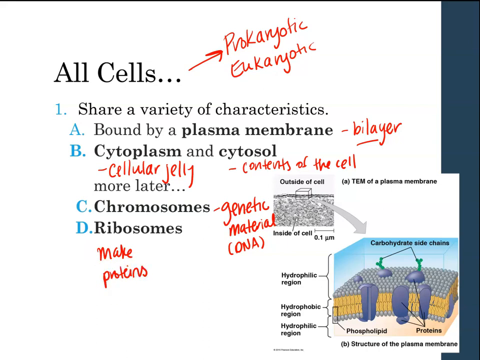So whether you are prokaryote or eukaryote, you have genetic material and you have ribosomes to use that genetic material and produce proteins. And all of that is contained within the plasma membrane and supported within the cytosol and cytoplasm.